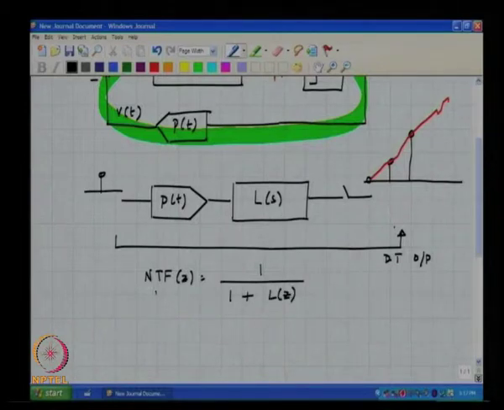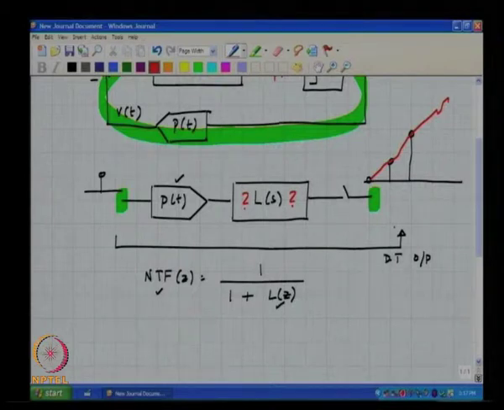So, if NTF is known, we know this, and once we know P of t and the discrete time impulse response we need between this point and this point, hopefully we can figure out what this L of S is.